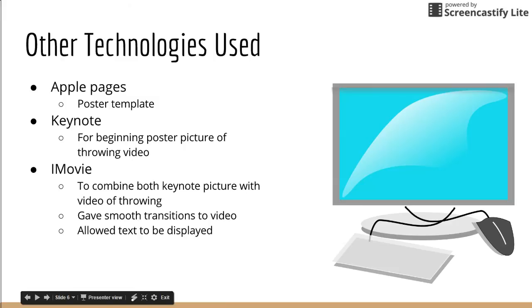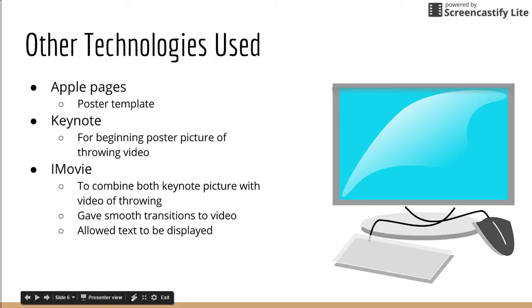To make improvements to the overhead throw visuals, several technologies were utilized. In addition to the Arisma app, Apple Pages templates, Keynote, and iMovie were used to help create content that would give students an example. Apple Pages was used for the poster template.